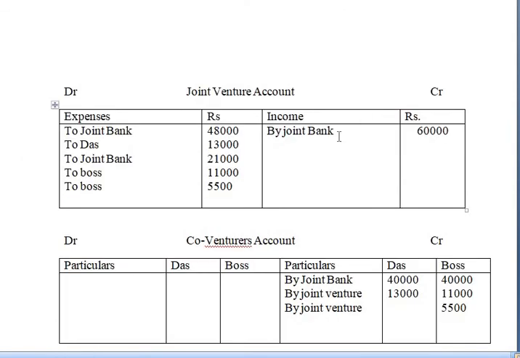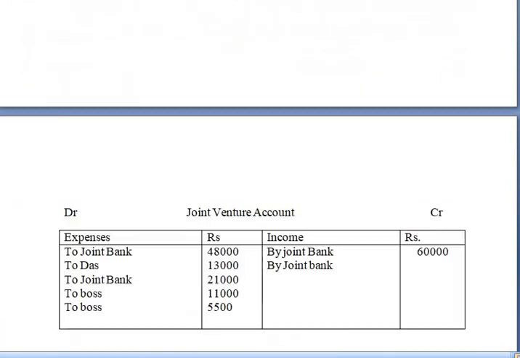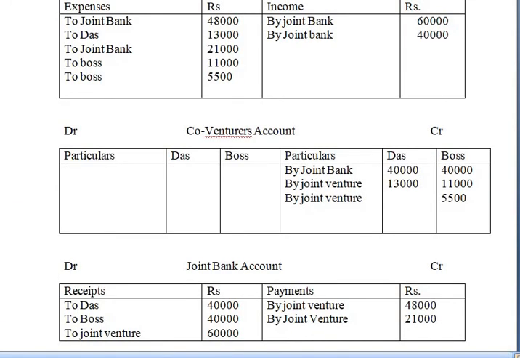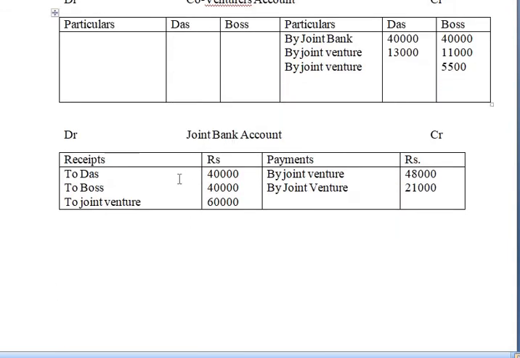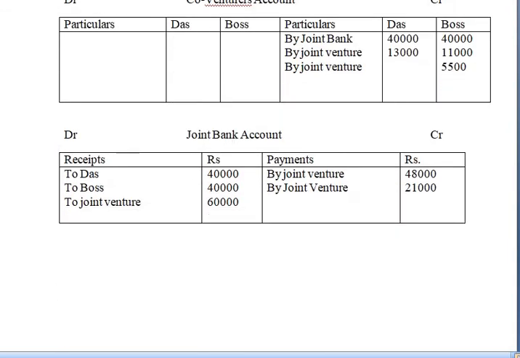So here again by joint bank. How much? 40,000. The cross posting, joint bank is credited. Here joint bank should be debited. So to joint venture 40,000.